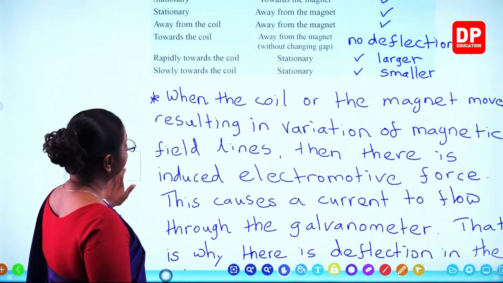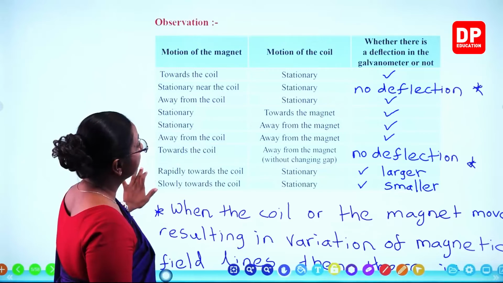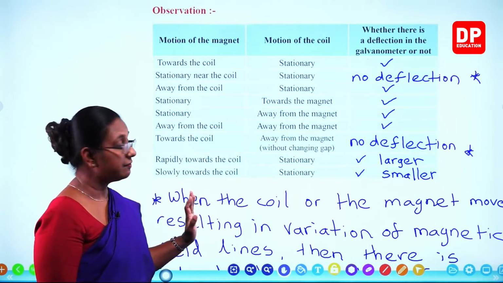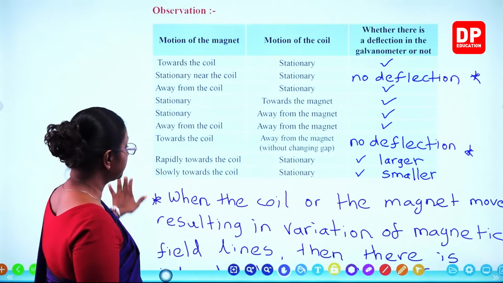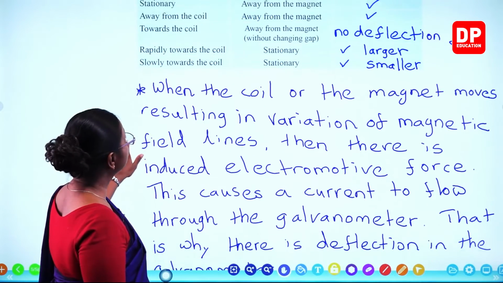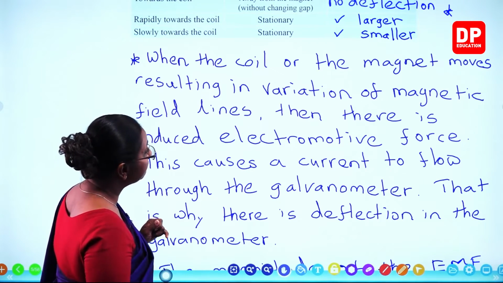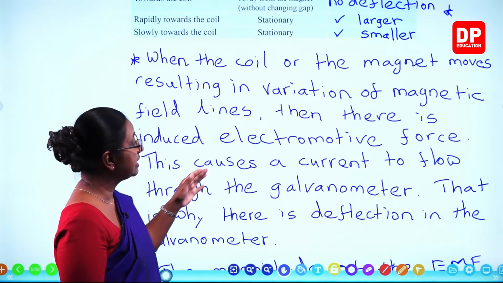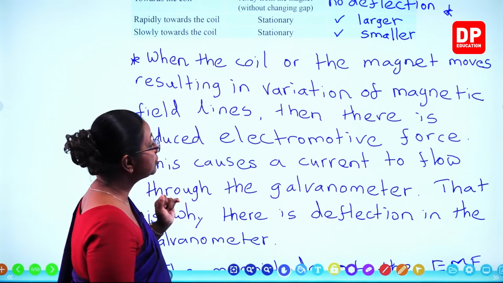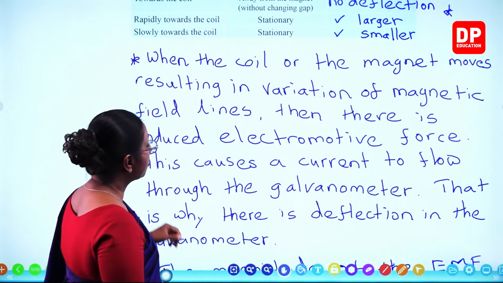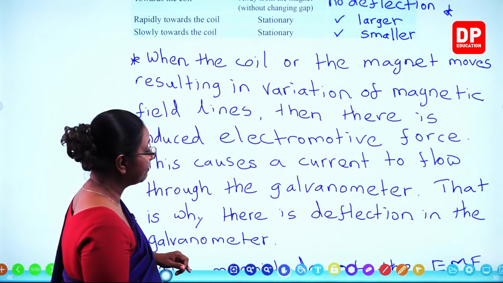So we did the activity where we had the coil and the magnet. We moved them in different ways and we got these observations. From that, you were able to understand that when the coil or the magnet moves, resulting in variation of magnetic field lines, then there is induced electromotive force. This causes a current to flow through the galvanometer.